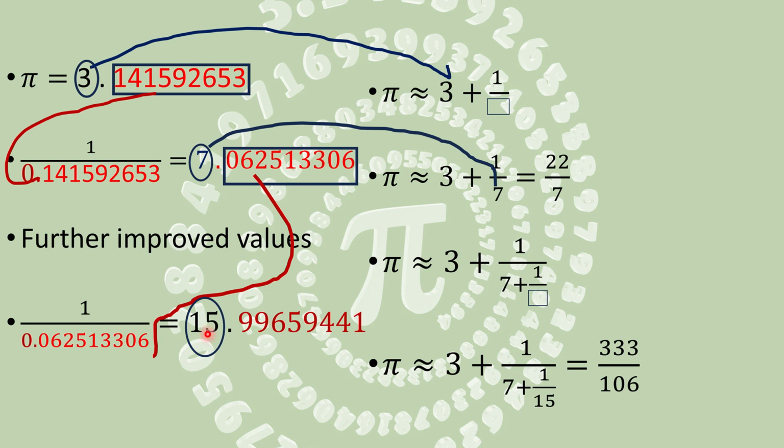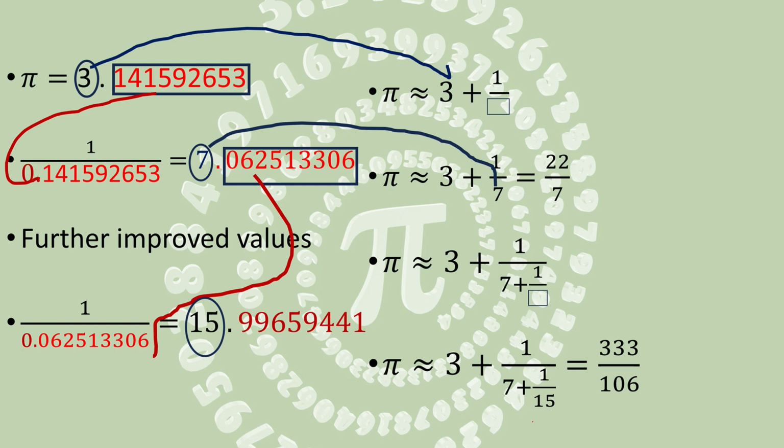Can we find a further improved value? The answer is yes. You can again proceed in a similar way. We take this part again, and we take the reciprocal of it, and then we take the integer part, and that integer part will simply be added with this 15.